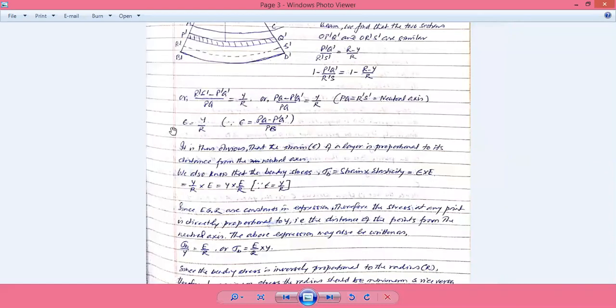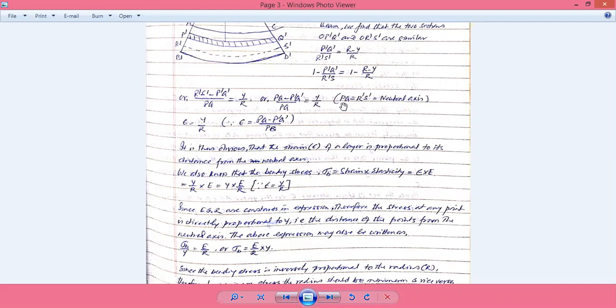Thus we have 1 minus P dash Q dash by R dash S dash is equal to y by R. Before it bends, the length of every section is equal to the elemental length dx, and they are all equal to each other.